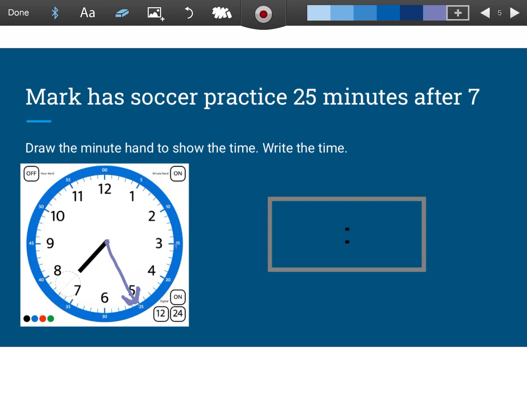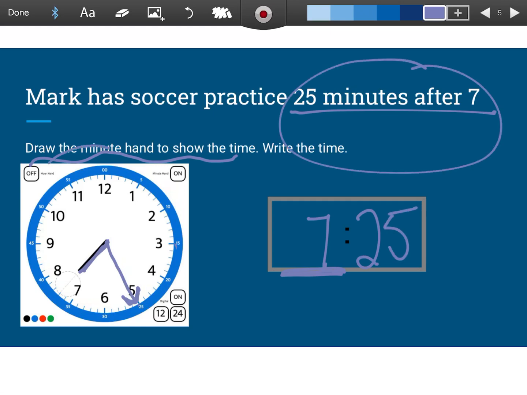And that is how we would show 25 minutes after 7 o'clock. We made sure we drew the minute hand to show the time, and we're going to go ahead and write that in our clock over here. So again, that shorter hand, which is the hour hand, goes in this section. So we have 7:25, or 25 minutes after 7, and we showed it in this clock over here.